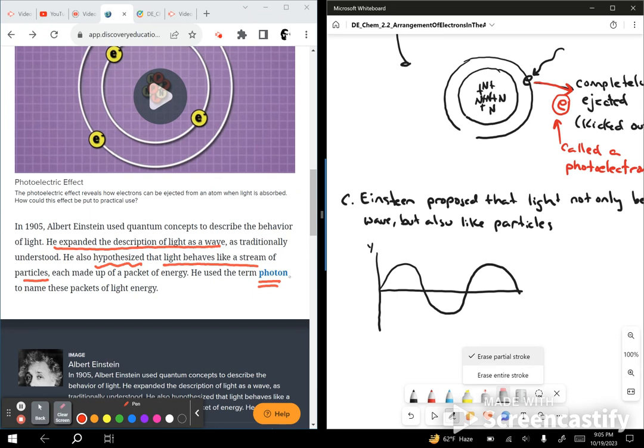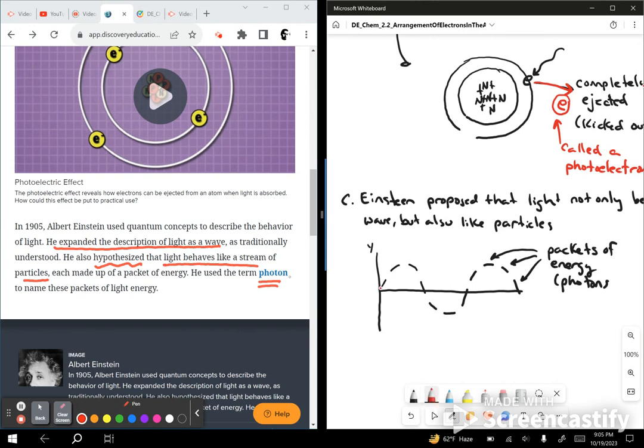Erase partial strokes. That's what he said. It actually was behaving like packets of energy. And these packets of energy were photons. Packets of energy. Photons. Okay.